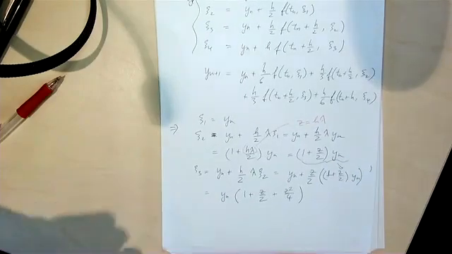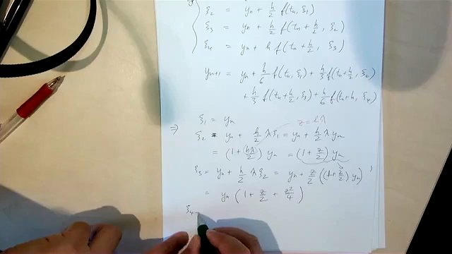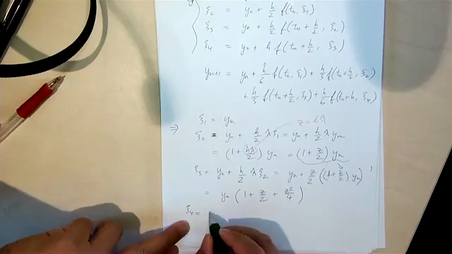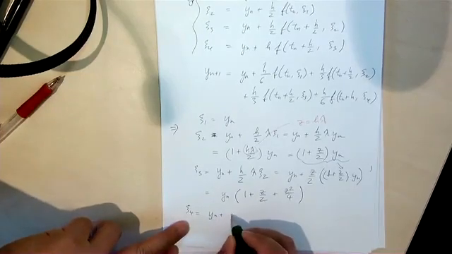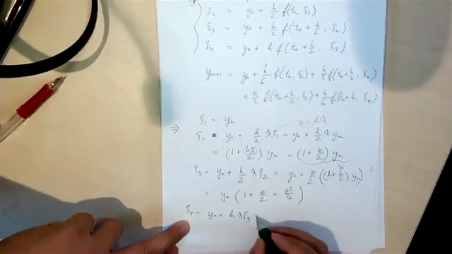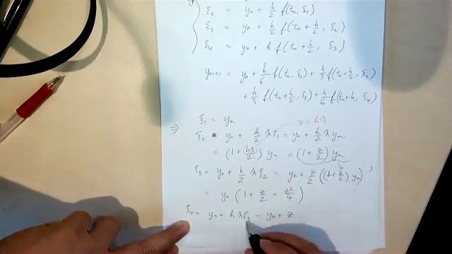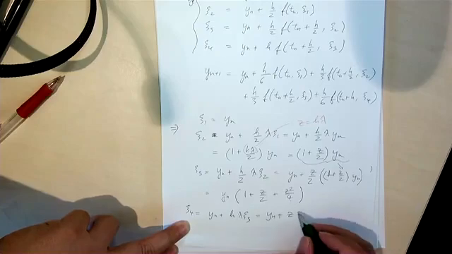And now, similarly, I can have xi 4. My xi 4 will be yn plus h lambda xi 3, or yn plus z, because this one is z, times xi 3.